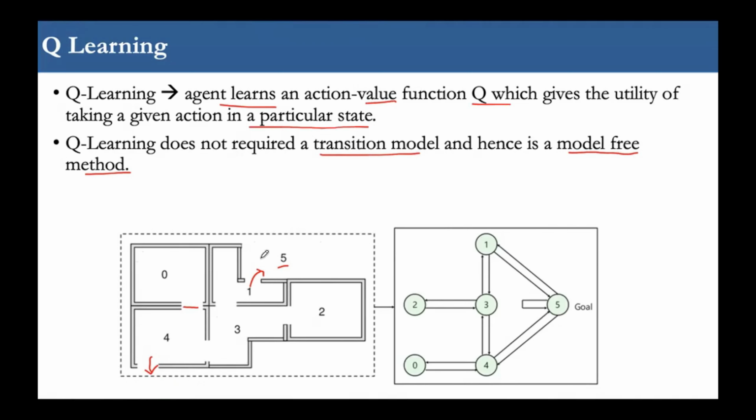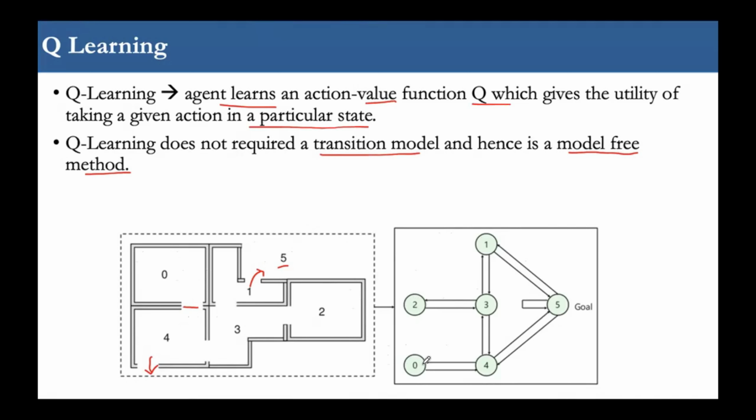So this building can be represented in the form of a graph. In total we have 5 rooms and the outside. The goal is to move from any one room of the building to the outside of the building. Okay, so now we are representing it in the form of a graph.